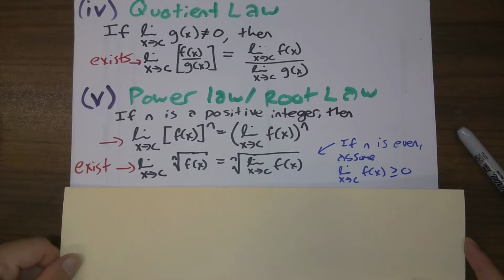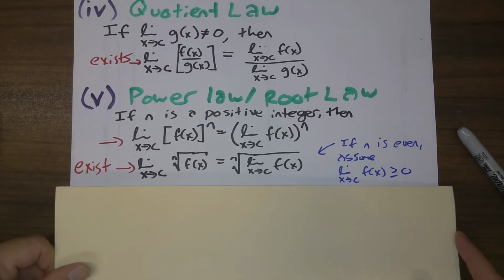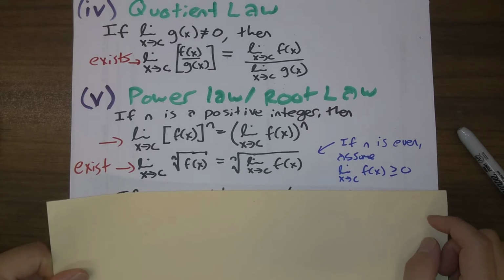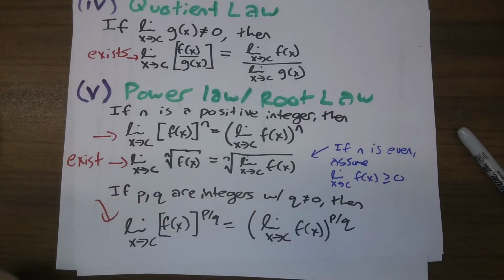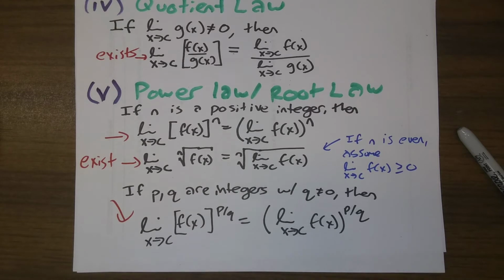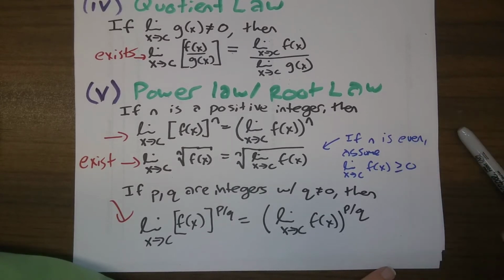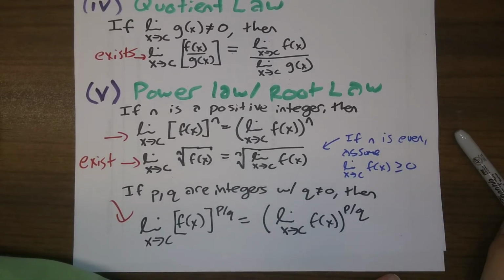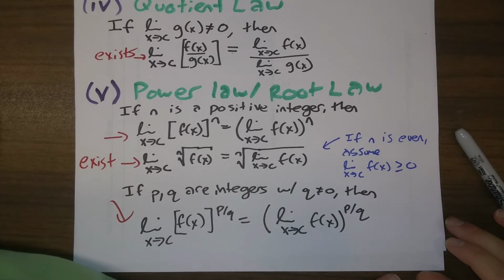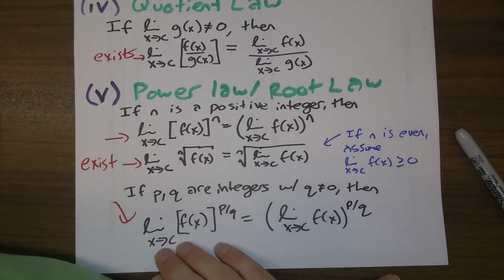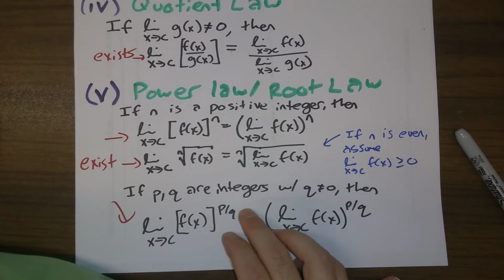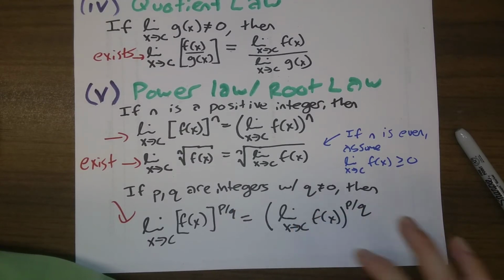The limit of the nth root of f of x is the nth root of the limit. In case n is even, we have to have this non-negative assumption. And we can do this even for fractional powers: the limit as x goes to c of f of x raised to some fractional power, where we might have to assume some kind of parity for the q here, but again, the limit of some function raised to some rational power is going to be that limit raised to that rational power.